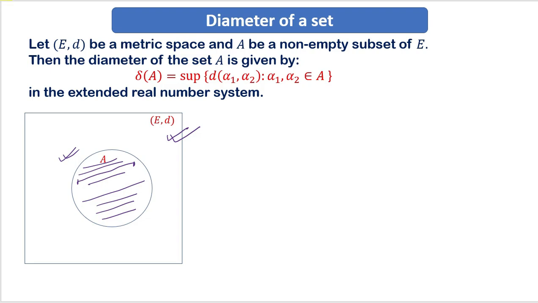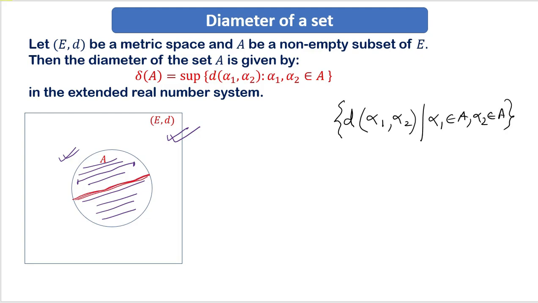Now what is the diameter? Diameter is going to be the largest possible distance between 2 points of the set A. How can we define it mathematically then? This is very simple. You have to take the distances between 2 points of A. So alpha 1, alpha 2 are 2 points which belong to A. Take the set of all such distances.